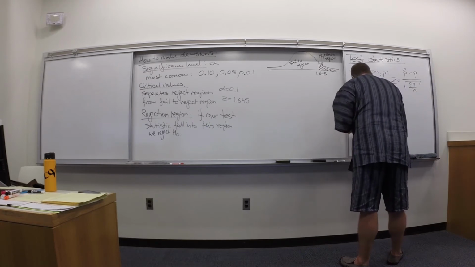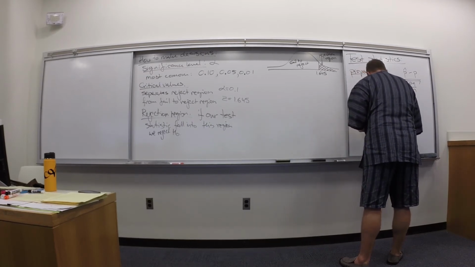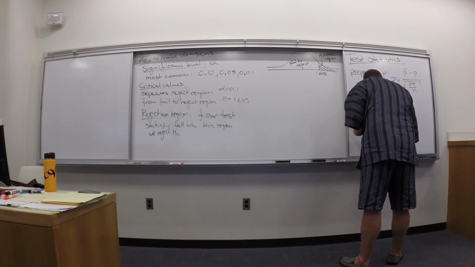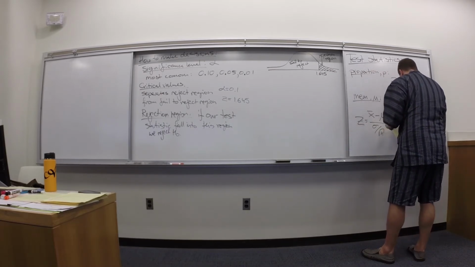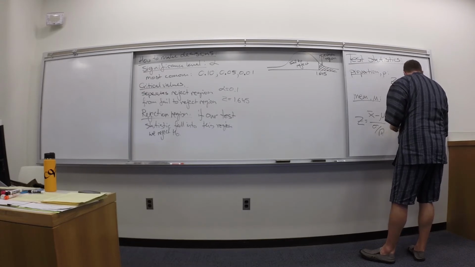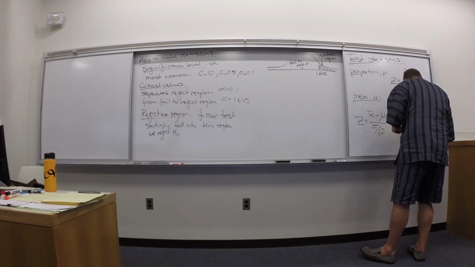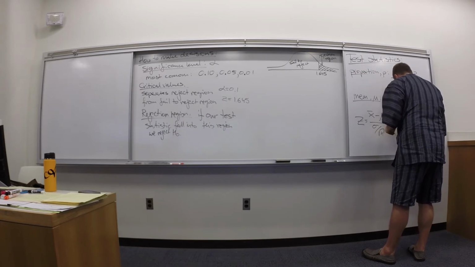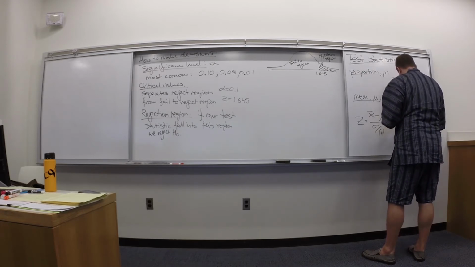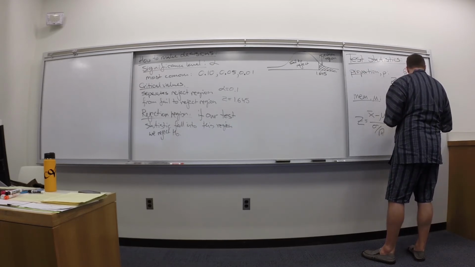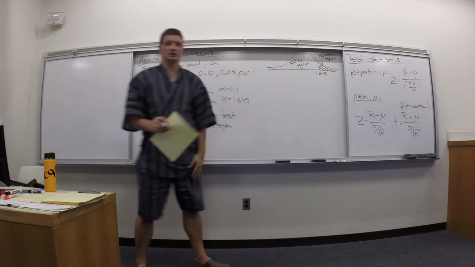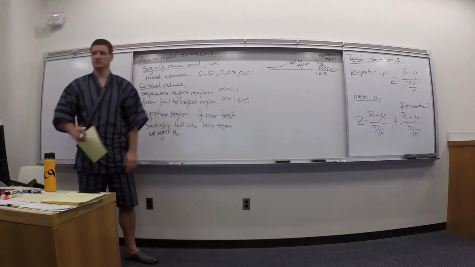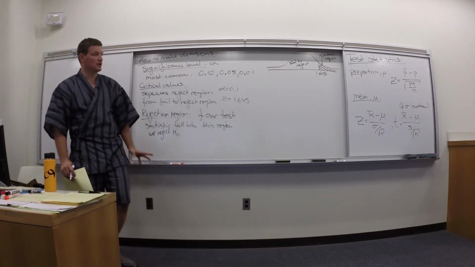We have Z, or T. If the population standard deviation is unknown, we use T. If it's known, we use Z.